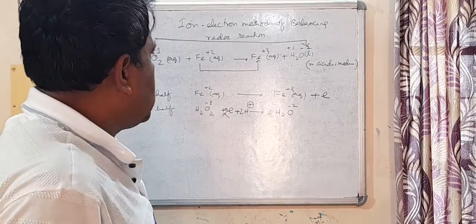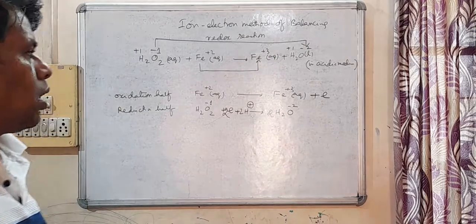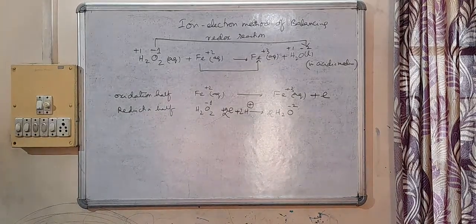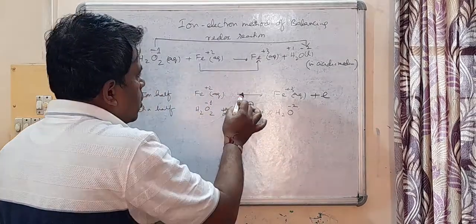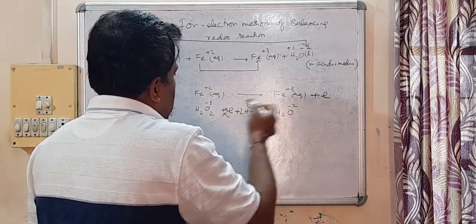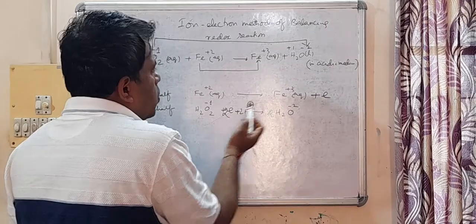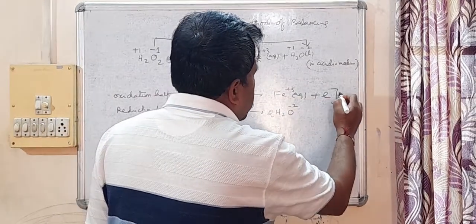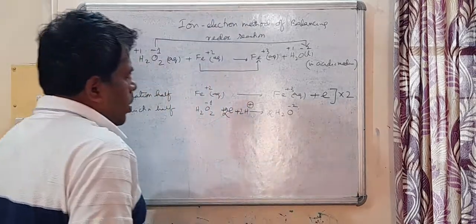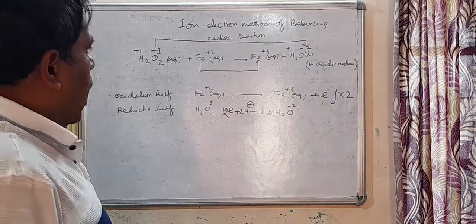Then we have to add the two half reactions. Before adding, we have to make the number of electrons the same. Here you see it is 2, here it is 1. So what we have to do, we have to multiply this by 2 and then add.